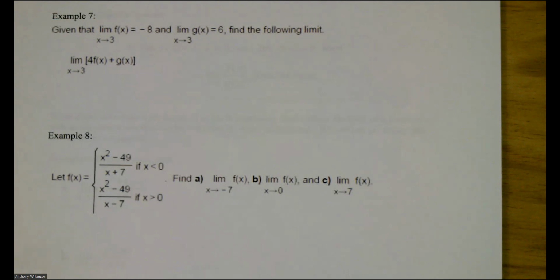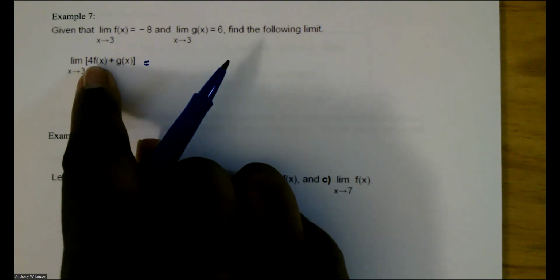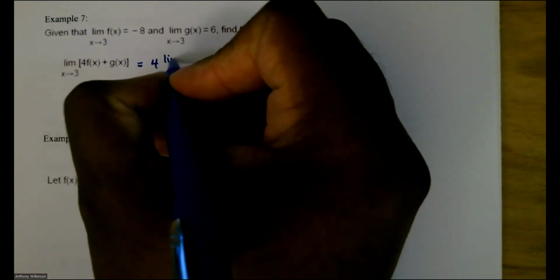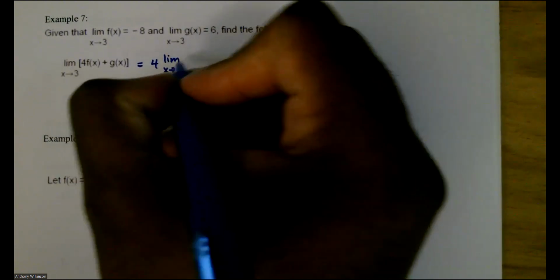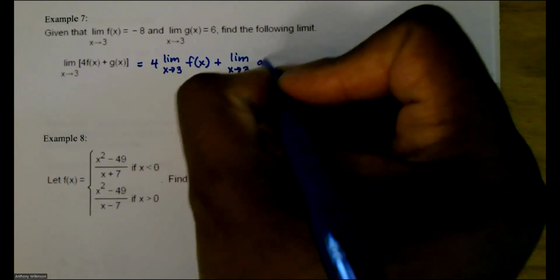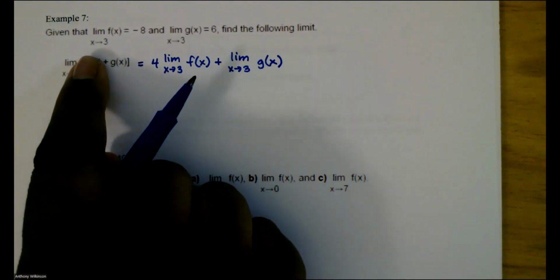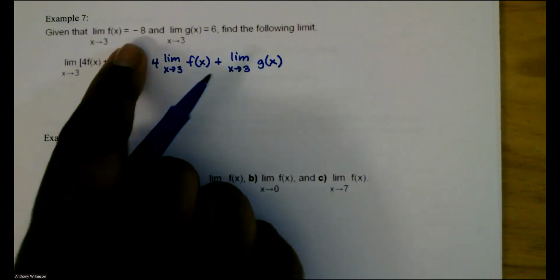So now we can use some of those properties here. I can write the limit as x approaches 3, and for the 4 here, I can pull that out in front. So it'll be 4 times the limit as x approaches 3 of f of x plus the limit as x approaches 3 of g of x. Now, we're given that the limit as x approaches 3 of f of x is equal to negative 8.